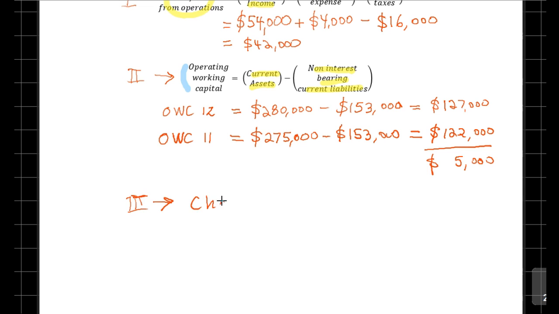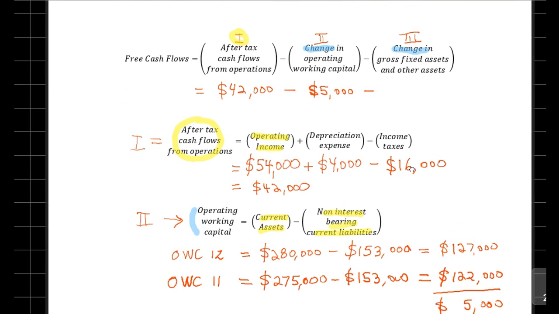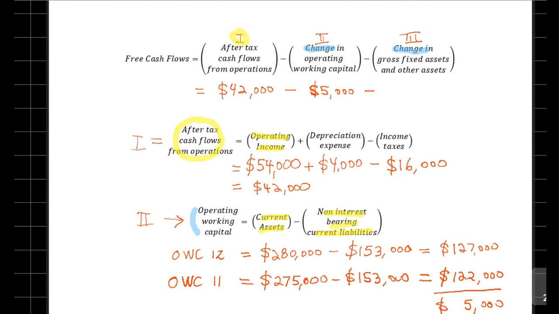The change in gross fixed assets equals $311,000 minus $238,000. That should give us $73,000. Now let's move up and plug that in as well. So that one is $73,000.